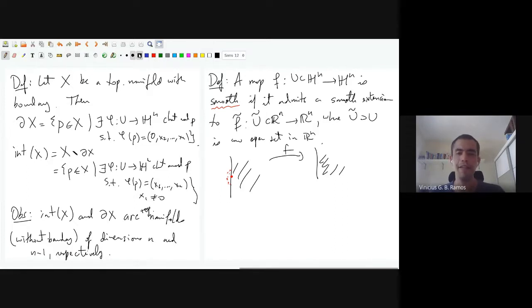That's basically the definition that we need to talk about what a smooth structure on a manifold is. If we know what it means for a function to be smooth, then we can talk about transition functions. If we have these charts for a topological manifold, we can look at the transition functions and say that the charts are compatible if the transition functions are smooth.